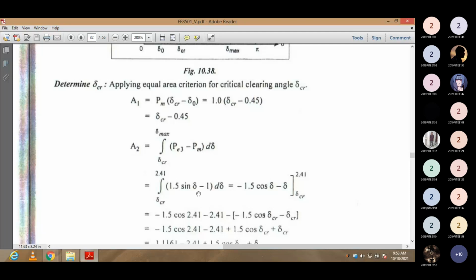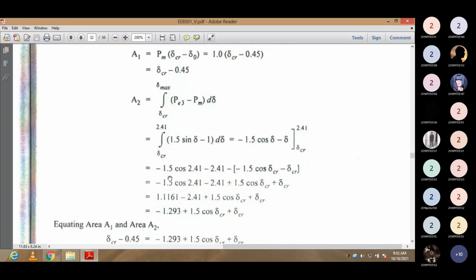So integrate. The integral of 1.5 sin del is minus 1.5 cos del. Integration of d del is del. Applying the upper limit minus lower limit: minus 1.5 cos 2.41 minus 2.41, minus of minus 1.5 cos del CR minus del CR.